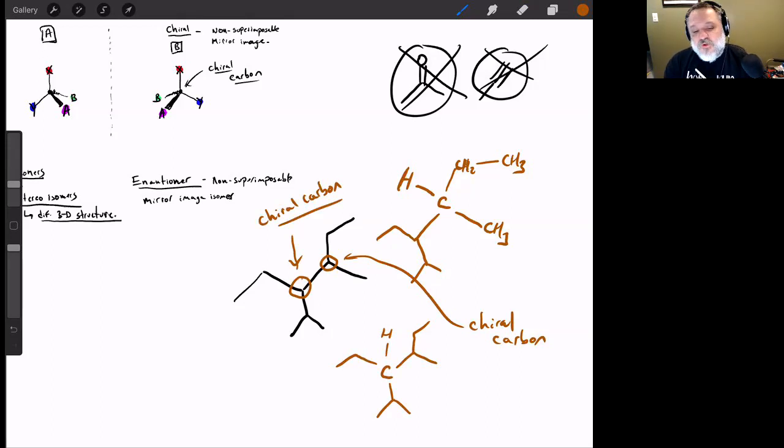What about the third carbon that we had in a box earlier? This one here. Is this one a chiral carbon? Well, what's it connected to? It's connected to an ethyl group here. Oh, excuse me, it's more than an ethyl group. It's all of this mess.